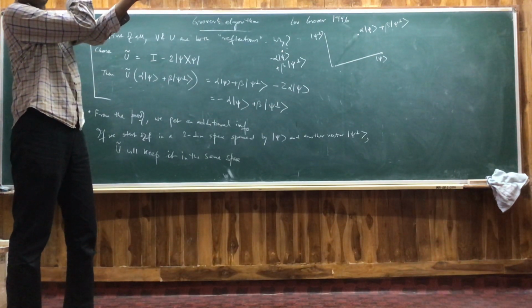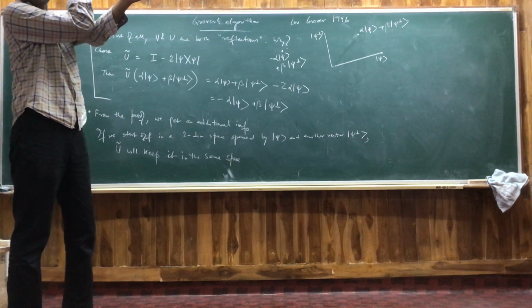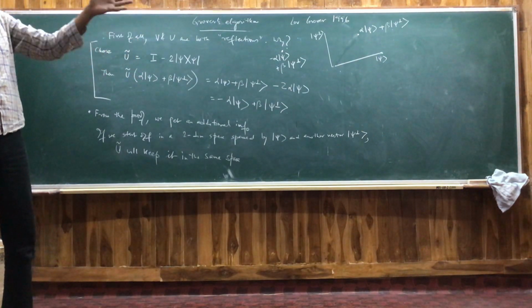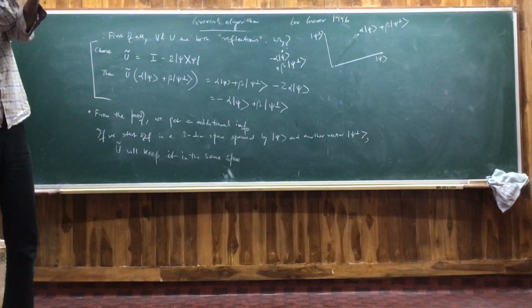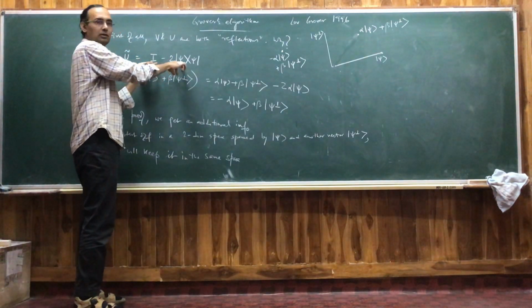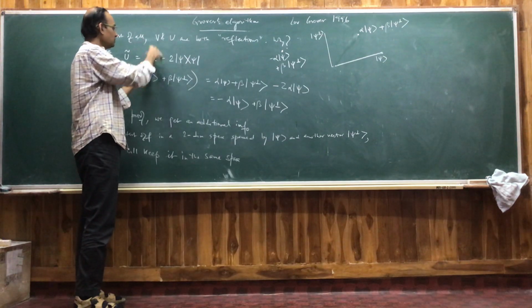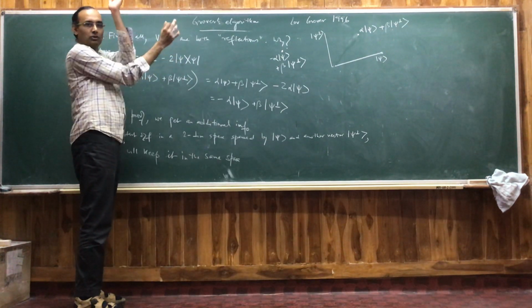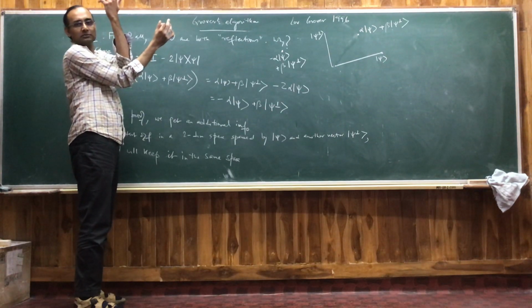The unitary doesn't move it out of this plane. You have to remember the unitary is actually acting on a huge space. We are taking a two-dimensional space out of that huge space. This identity contains much more than this. This can be 200 dimensions, and this psi and this orthogonal vector span only 2 dimensions.